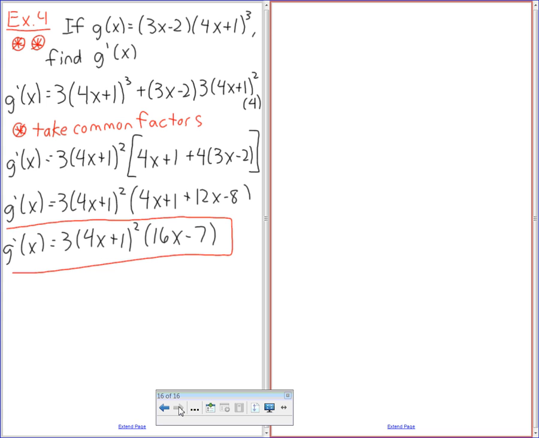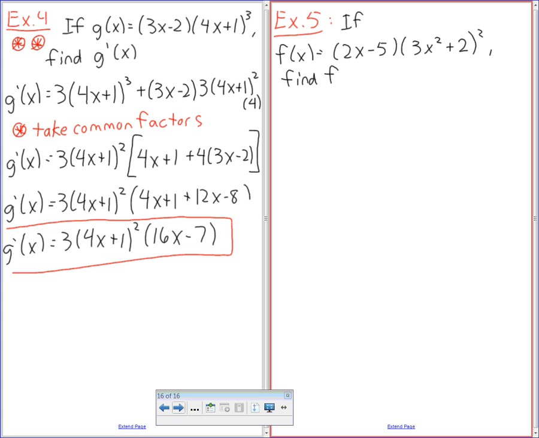Example 5. We'll say if f of x equals... okay, so this one's dedicated, oh my goodness, sorry, excuse me, to Matt.